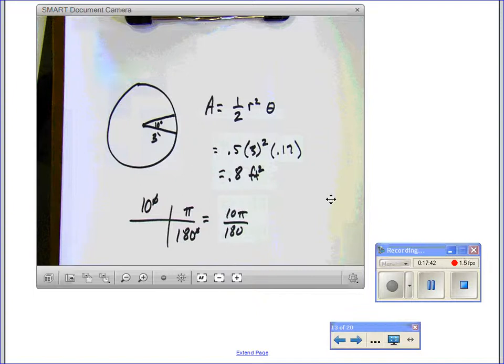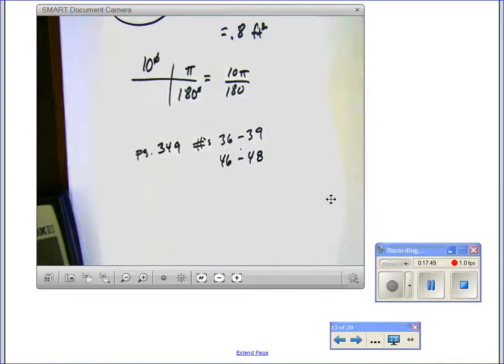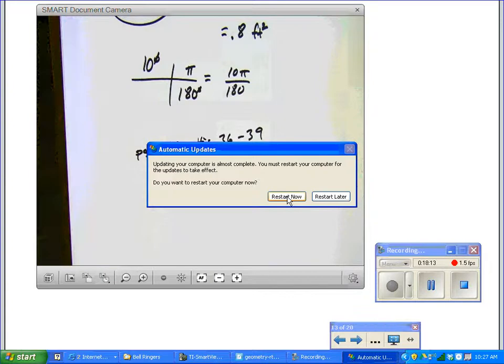And then 46 through 48. Let's get it done in class because you can finish it. Almost 15 minutes. You'll finish it before then. Y'all got this written down? I'll put the answers up for you.